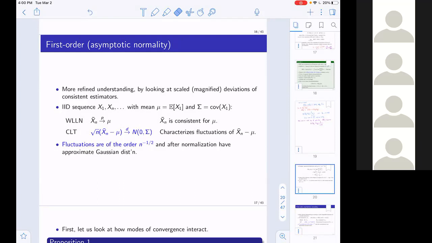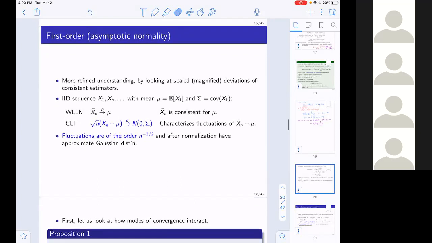Traditionally, let's look at the simplest example. You have x1 up to xn, which are IID with mean mu and covariance matrix sigma. By the weak law of large numbers, we know that the sample mean converges in probability to mu.